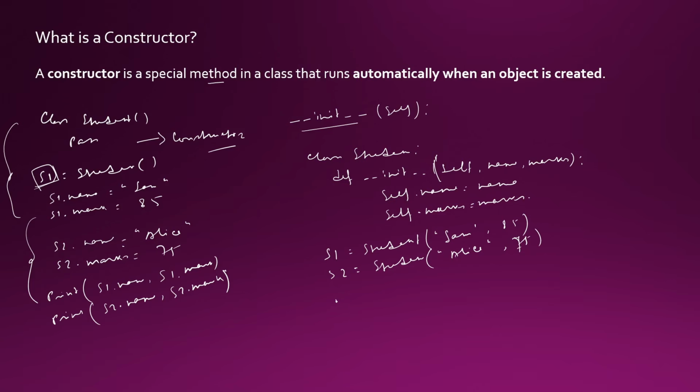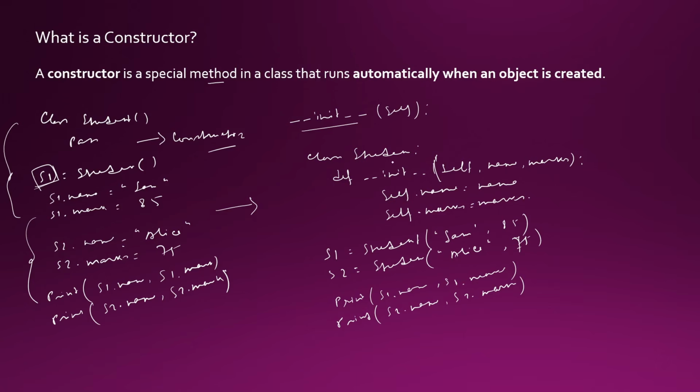Now if I print s1.name, s1.marks, and s2.name, s2.marks, it will give me the same output. So instead of writing this code again and again, we're just creating our constructor, passing our parameters, and when creating our object we directly mention our data and print it. So basically we are simplifying this code using the constructor.